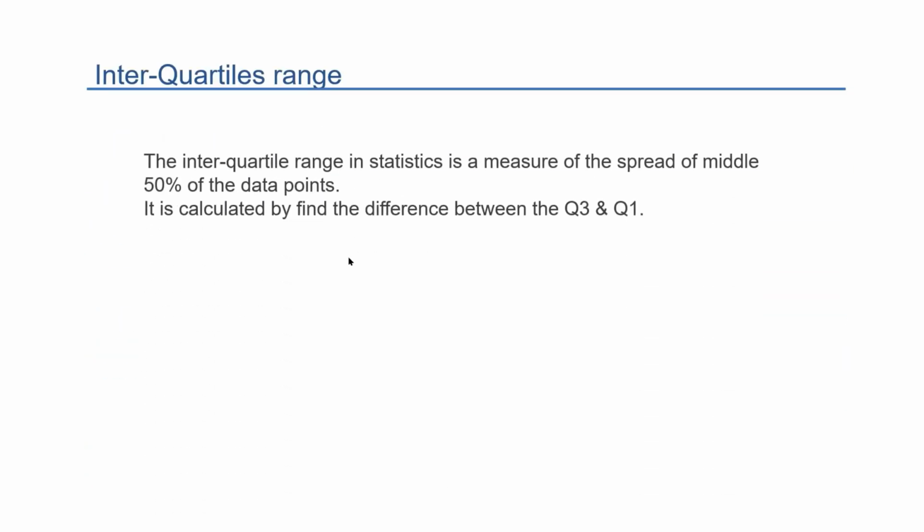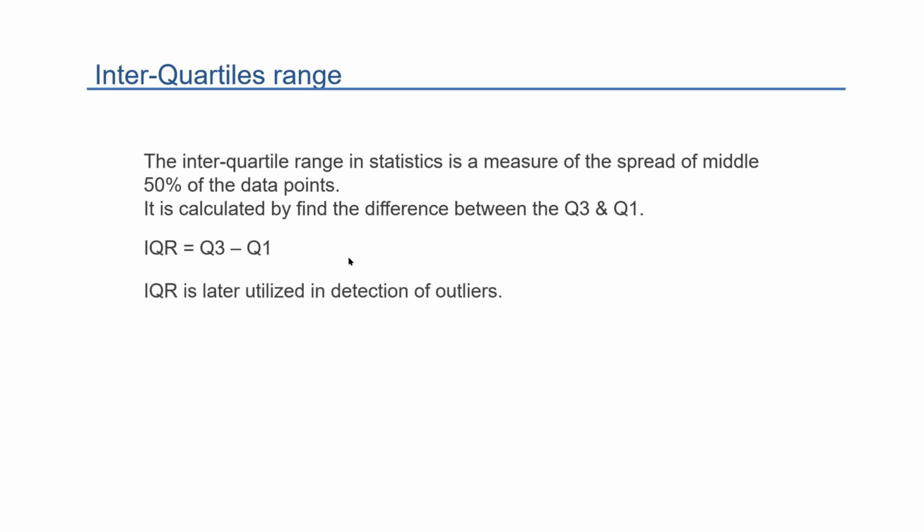Interquartile range. The interquartile range in statistics is a measure of the spread of the middle 50% of the data points, and it is calculated by finding the difference between Q3 and Q1. IQR is represented by the formula Q3 minus Q1.